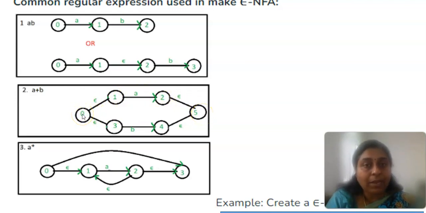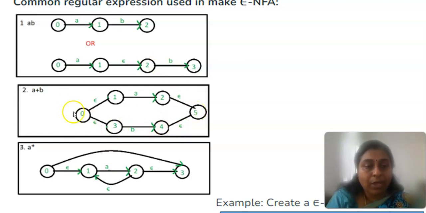Likewise, we have another series of transitions occurring while reading B. So for example, state 0 goes to state number 3, and it is labeled epsilon, and from state 3 it reads the input alphabet B, which takes it to the next state 4, and from 4 it finally reaches the final state.